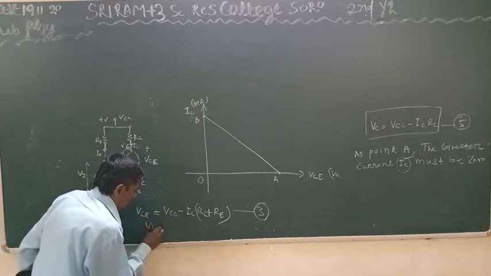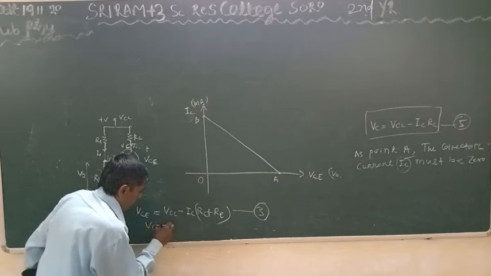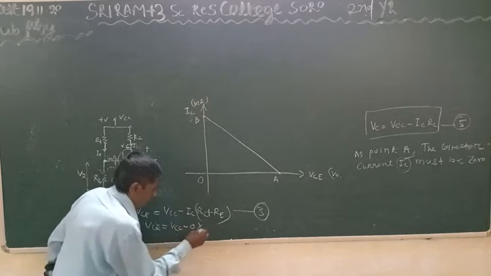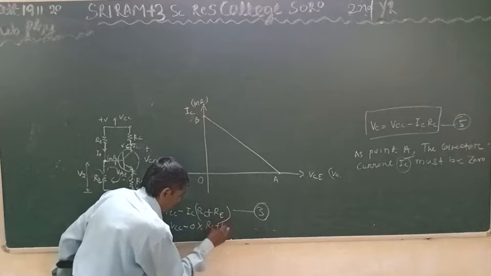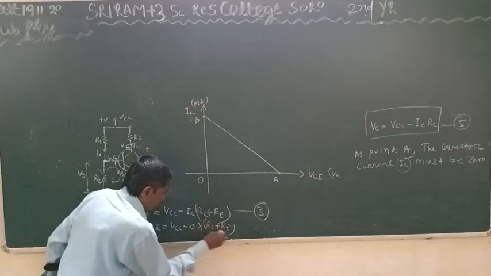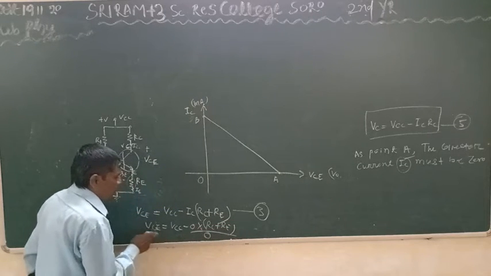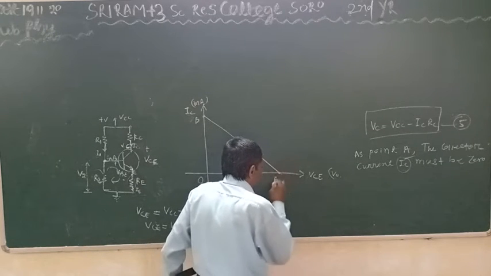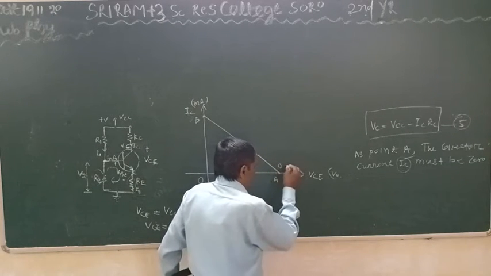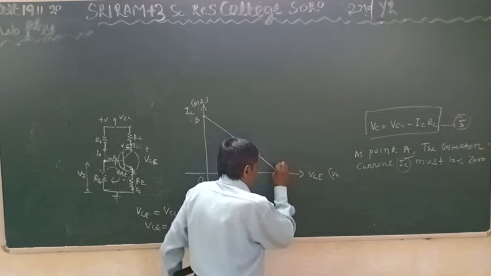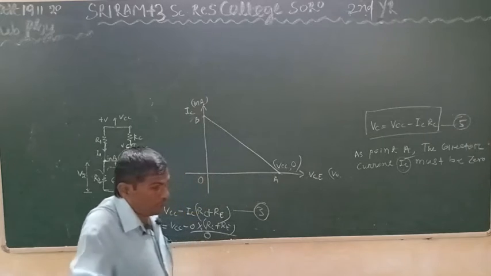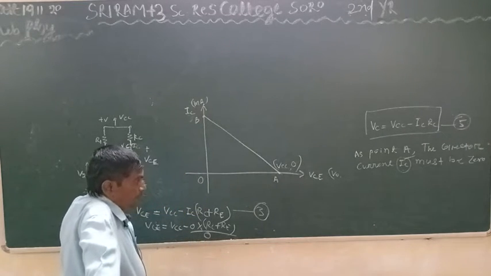VCE equal to VCC minus 0 multiplied with (RC plus RE). Now this value is 0, so VCE is equal to VCC. Now this point is VCC and 0. This is the geometrical point at point A.